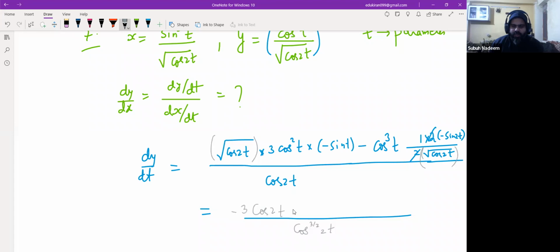So we get minus 3 cos square t sin t plus cos cube t sin 2t. So you can write till here, then we will proceed further.